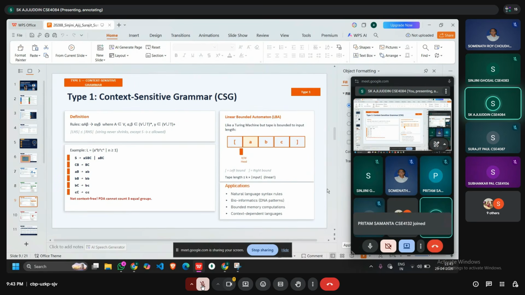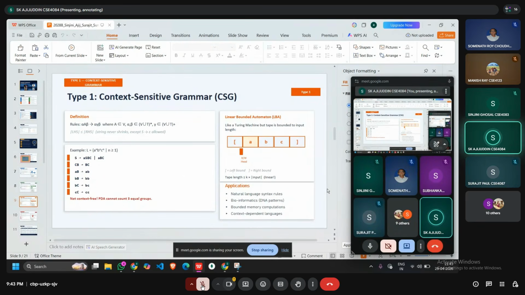After that, we have type 1, context sensitive grammar, CSG. Context sensitive grammar is more complex than the previous two, and here an example string is a to the power n, b to the power n, c to the power n.